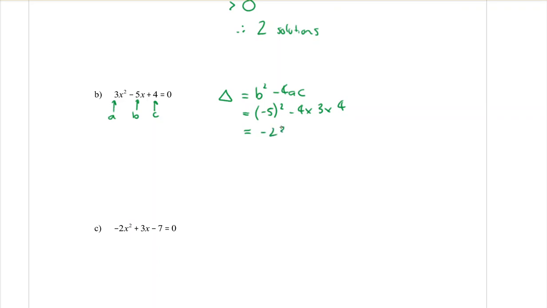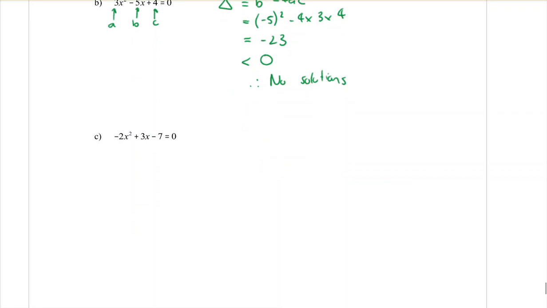Good. As soon as it is negative, which is less than 0, I go, can't square root that. So that means that there are no solutions. No matter how hard I try, factorizing, completing the square, quadratic formula, none of them will solve that equation for me.